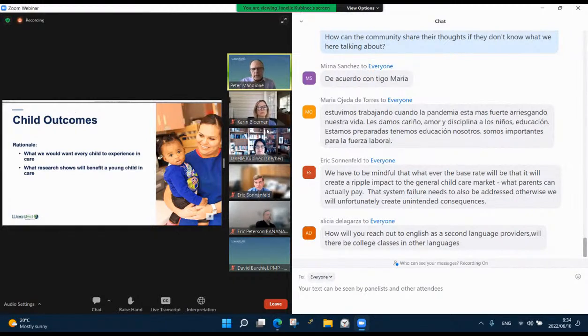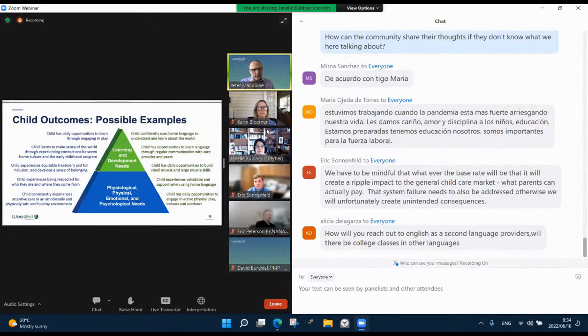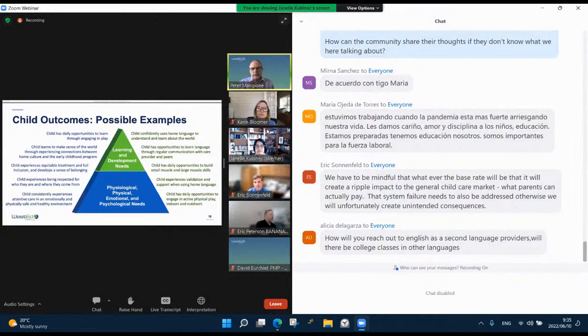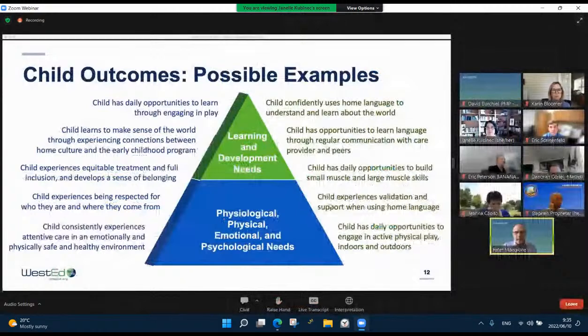So let's go to, and this is just a starting list, I think it's going to require discussion. I presented this list last week and there have been some minor changes, but I'm not suggesting this is the list we should use. But certainly, I believe there are some elements in this list that I would like to see as answers to the question, what do we want every child to experience in care or in our early childhood programs?